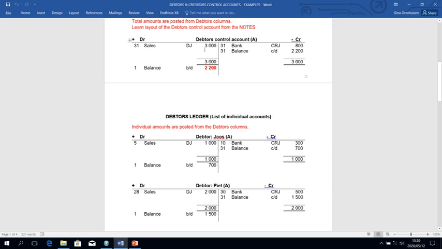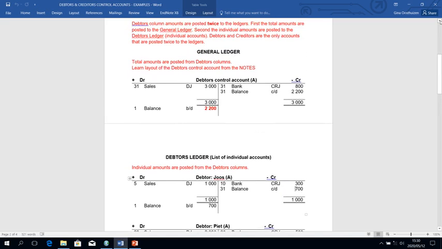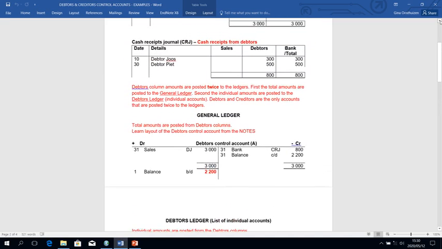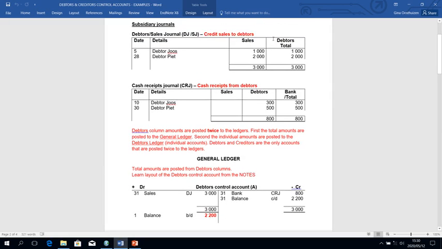We will do the same as we've done in the control account, but with individual amounts for the individual debtors. So still, they owe me more on the debit side, and they owe me less on the credit side. So when you look at your subsidiary journals now, we are again using the debtors columns, but these individual amounts.